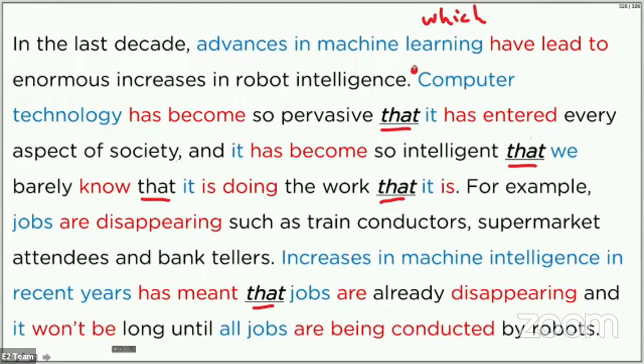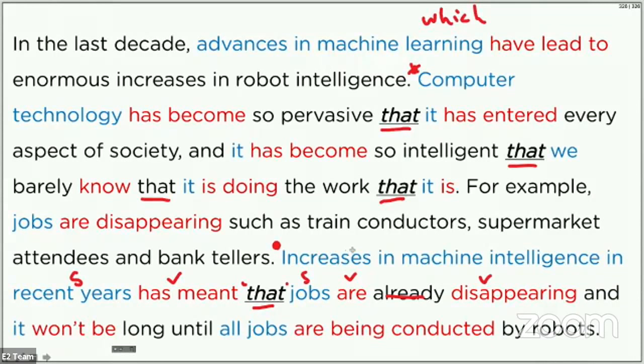That's a very complex sentence, this one here. Let's find a simpler one here, where I've joined subject, verb, object, and subject, verb, object by using that. So, increases in machine intelligence in recent years has meant that jobs are disappearing.